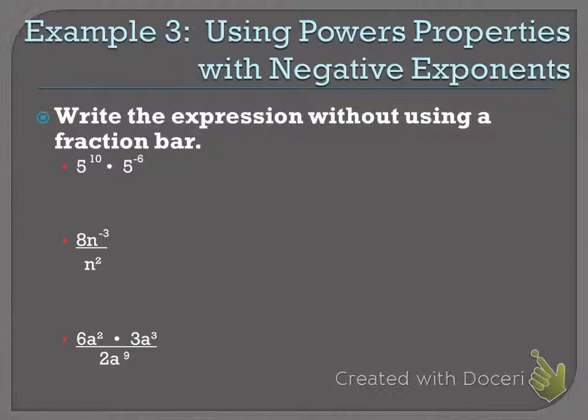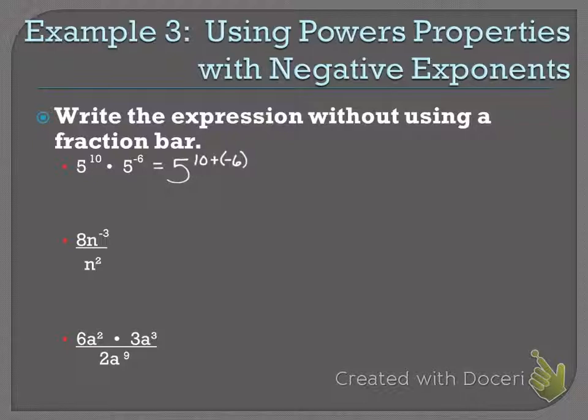Do I have the same base in the first one, 5 to the 10th and 5 to the negative 6th? If it's product of powers, if I'm multiplying, do I add or subtract my exponents? I add them together. But now, I have 5 to the 10th plus negative 6.